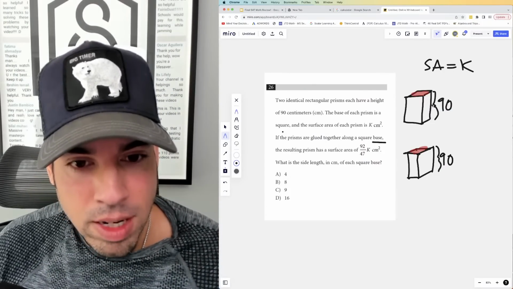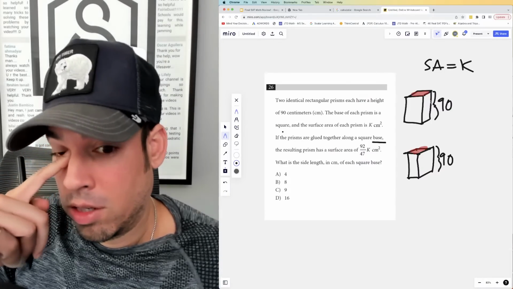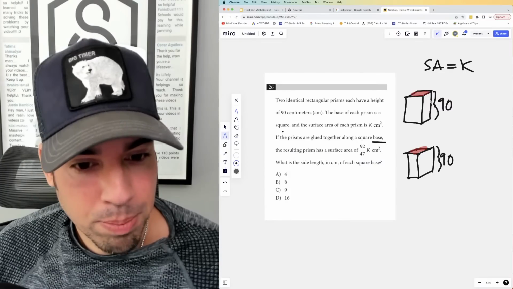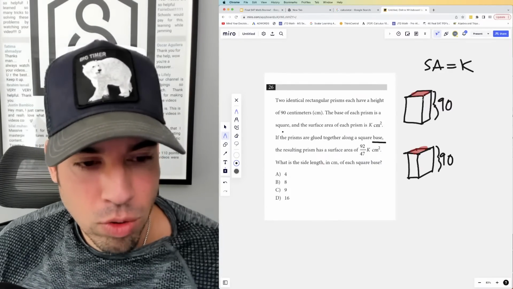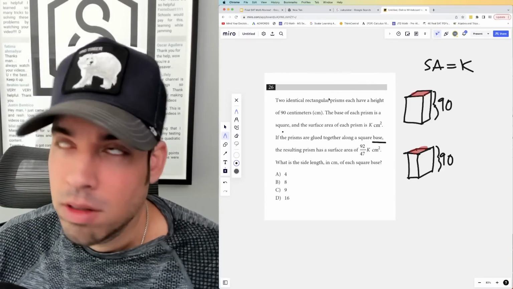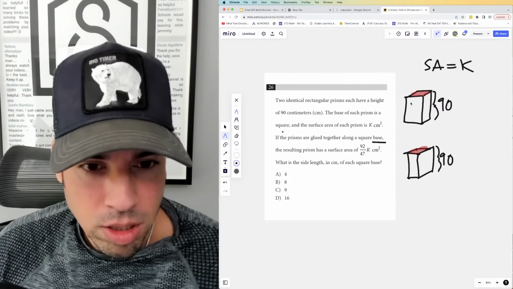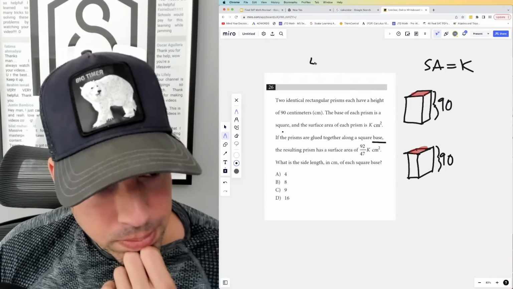So we get a height of 90. It's a rectangular prism, so I'm trying to think what makes the most sense here to approach this, because we have 4 sides on each.